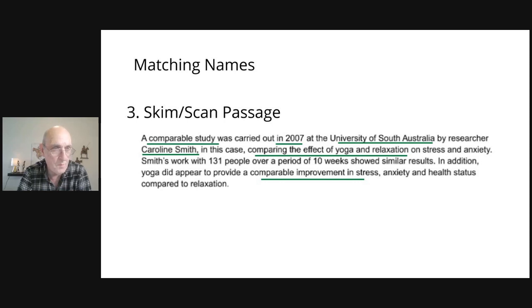So I know it's going to be an important clue for answering the questions that I want to answer. And then I have other important keywords, and I'm going to underline those, like comparable improvement in stress. I know that I saw stress somewhere in those questions as I mark the questions.